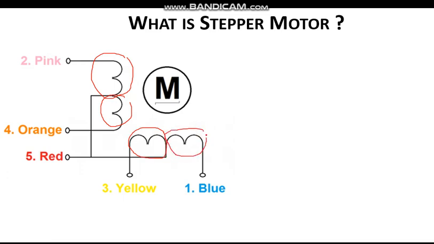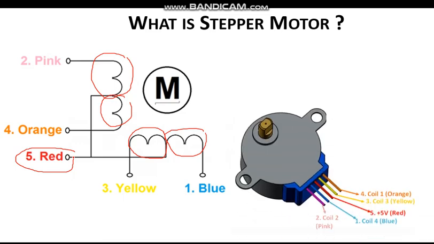For each coil, one end will be either pink, orange, yellow or blue, and other end of each wire is combined together. Here you can see the red one, it is combined together and is a common point. So stepper motor has got total 5 terminals. 4 are coils to which we are giving signal, and the fifth one is common terminal of all the coils.